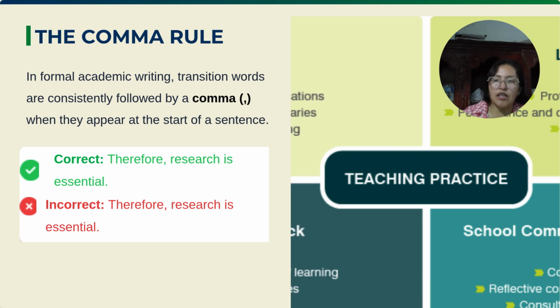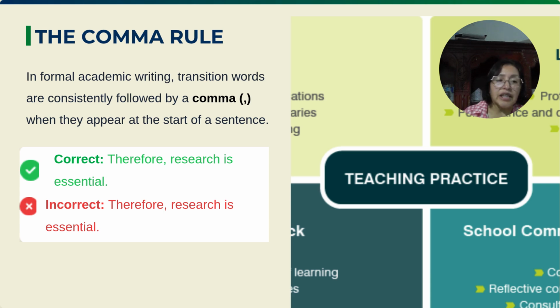Based on our analysis, we can now state the comma rule. In formal academic writing, transition words are consistently followed by a comma when they appear at the start of a sentence. Let's look at the examples.